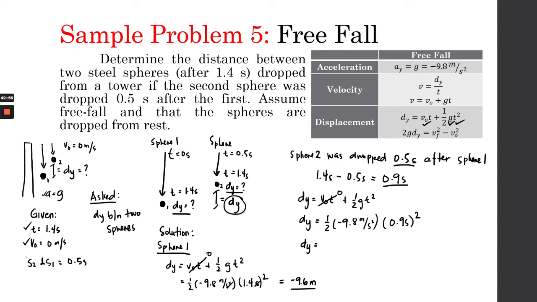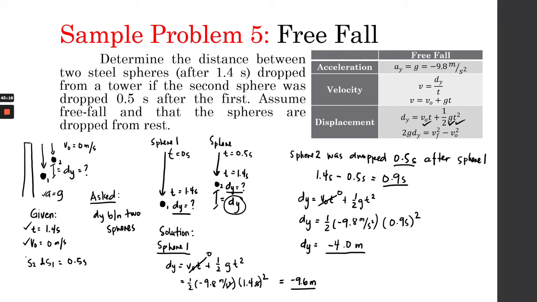So for sphere number 2, it only traveled negative 4.0 meters, as opposed to sphere number 1.